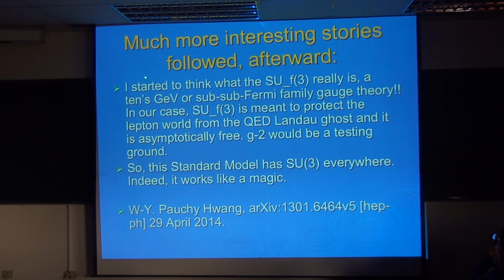In fact, I started thinking about this SU family triplet. Why is it really there? In fact, if you look at the mass of a gauge boson, it is tens of GeV, or maybe that would be the sub-Fermi family gauge boson.